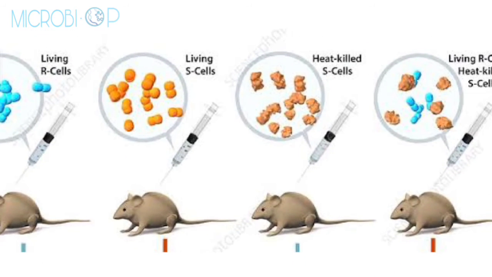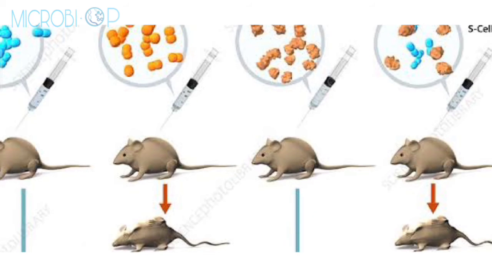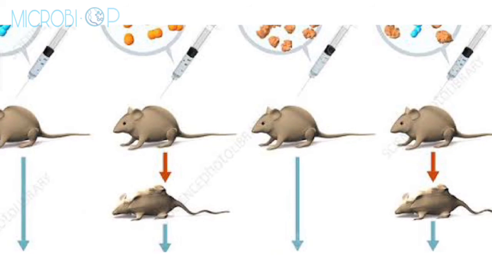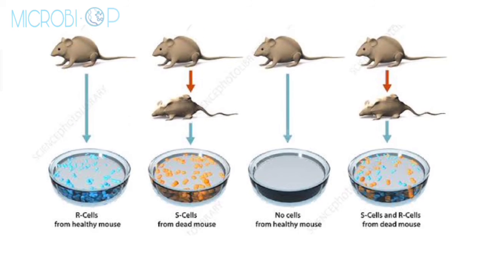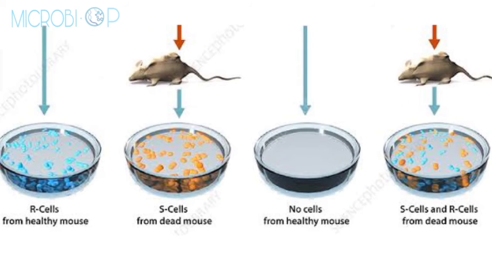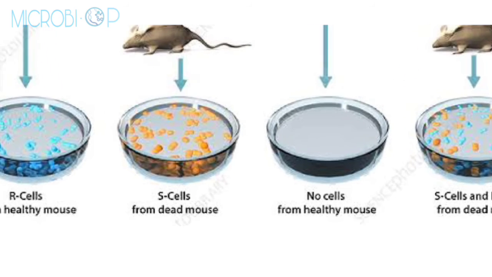The capsule present in the S cells was acting as an immunodisguise, or a cloak, and the mouse was unable to recognize the cells, and hence it died. Now when the postmortem was done, S cells were found in the dead mouse.